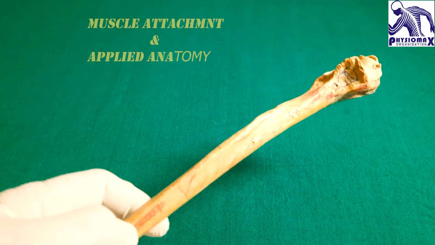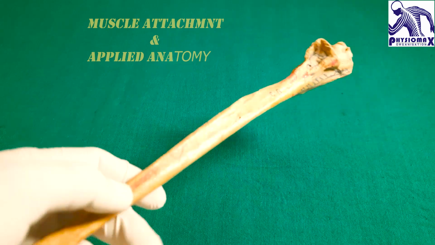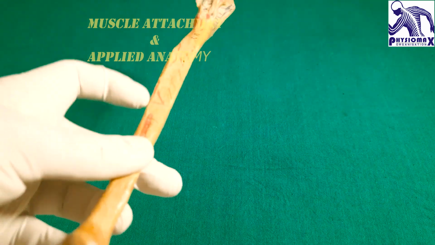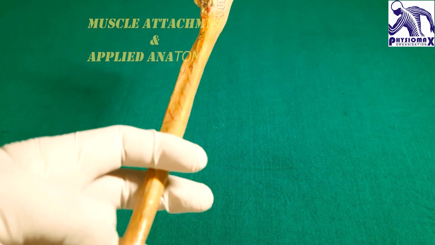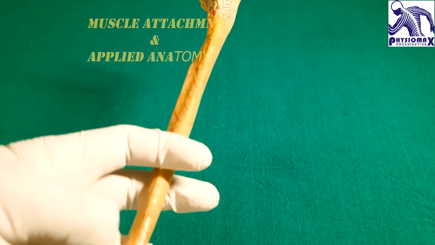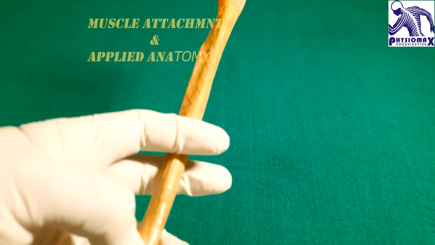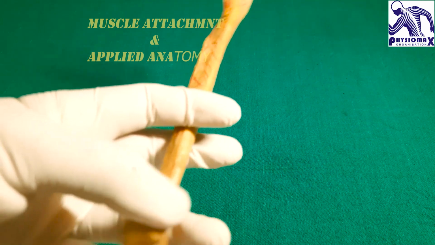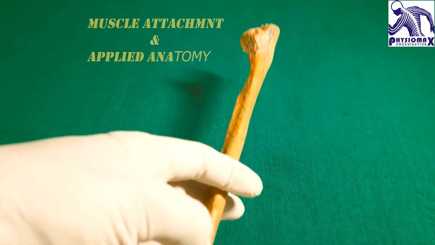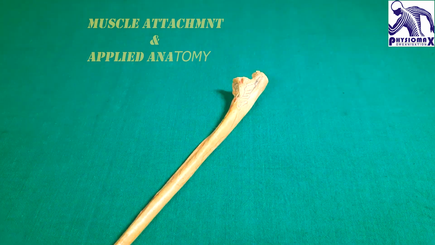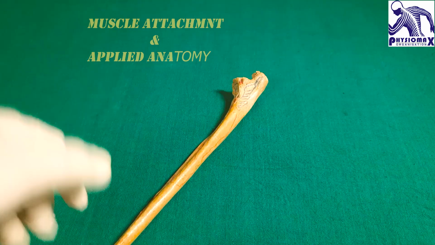Coming to the lower end, in the groove between the styloid process and the posterior surface of the ulna, the tendon of the extensor carpi ulnaris is attached. So these are the muscles which are attached to this ulnar bone.